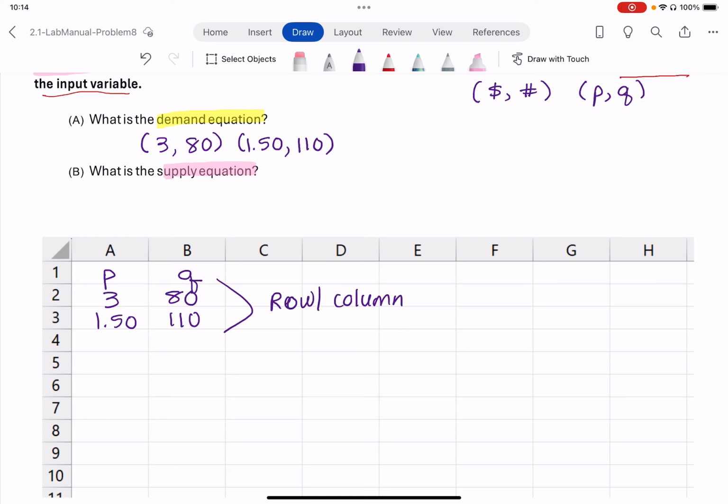So remember to always look for whether you need to switch the order how those points have been plotted, because that will probably happen here.